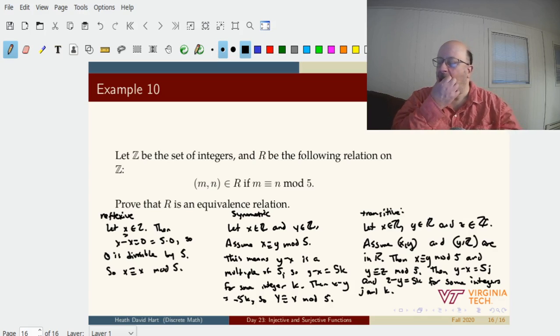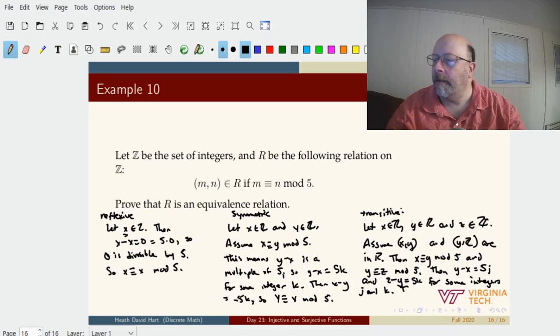Oh, well then z minus x is just z minus y plus y minus x, which will be 5j plus 5k, which is equal to 5 times j plus k.